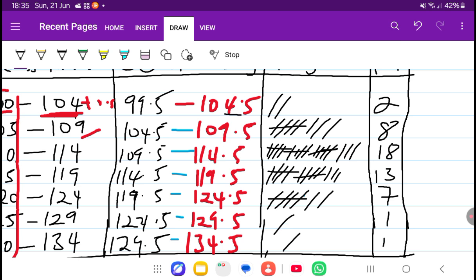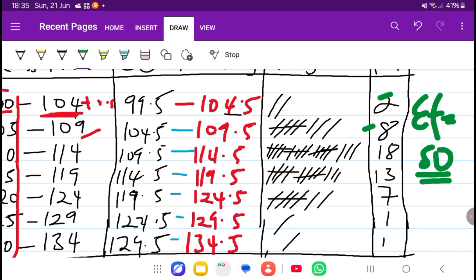So we add the frequency to make sure that we have the same 50. The summation of f has to be 50 because they gave us 50 observations. So you'll find that 2 plus 8, that's 10, plus 18, that is 28. 28 plus this, that is 29, 30.